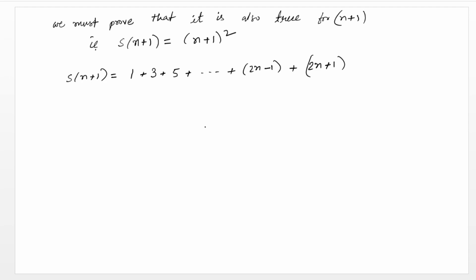Now, from this, the terms up to 2n minus 1 give S of n, and the remaining term is 2n plus 1. Now, S of n, we assumed initially that it is n square, in the induction hypothesis.